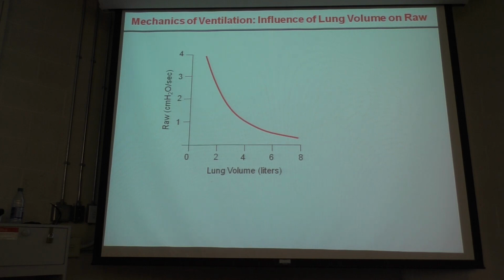So, I want you to think about the elastic recoil model here. It's kind of a weird circumstance. Breathing at a high lung volume dilates the airways, but breathing at a high lung volume does what to the inspiratory elastic recoil? So take a breath in until your lungs are full.